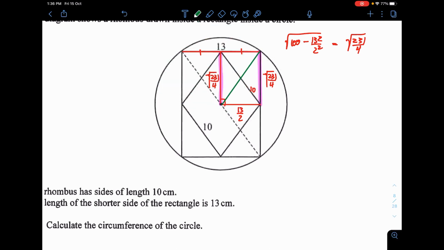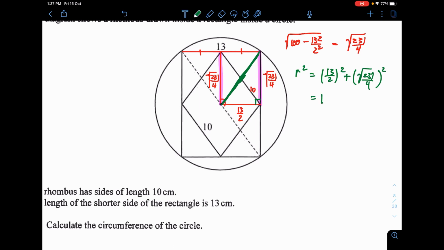This here is actually our radius, right? It's also made by a right angle triangle. Then the radius squared equals (13/2) squared plus (231/4) squared.